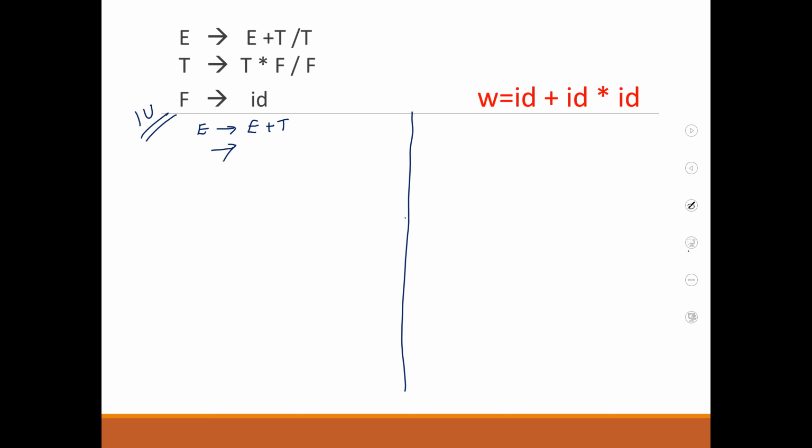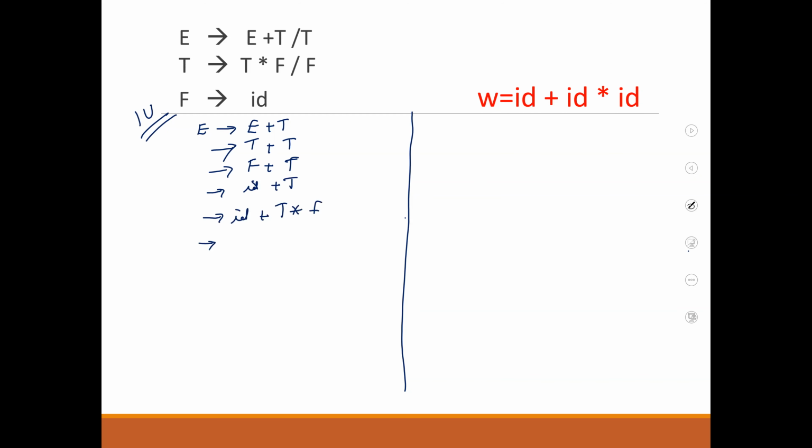Okay, so E can even be T. T can be F. F can be ID plus T. T can be T into F.